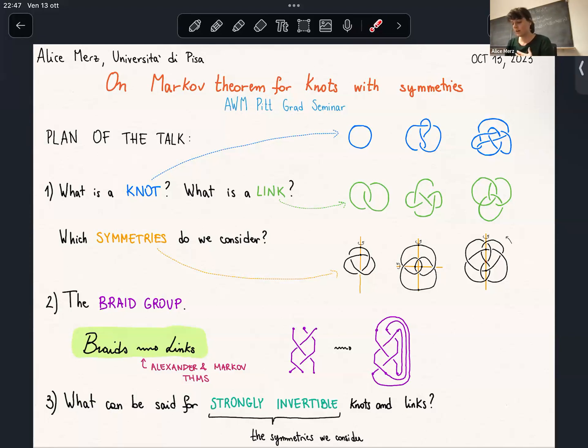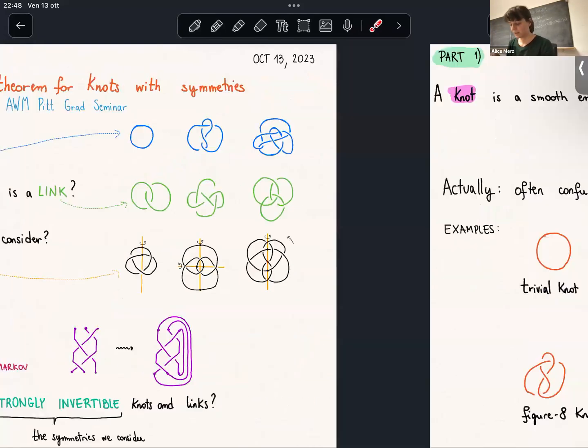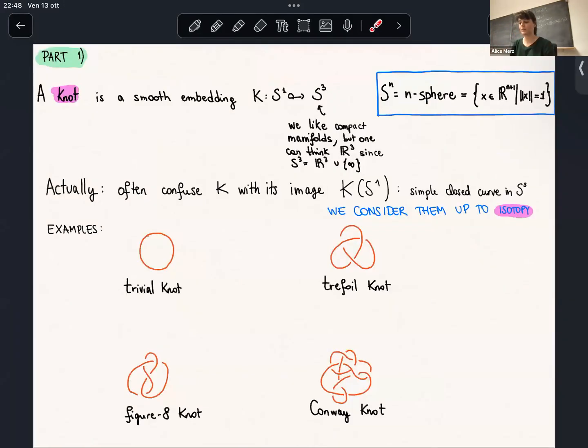My research was focused mostly on seeing how the Alexander and Markov theorems can be adapted to the setting of knots and links with the symmetries that I was talking about beforehand. So let's start with the first part of the talk. A knot for me is a smooth embedding of S1 into S3, and with S1 and S3, I mean the 1 and 3 sphere.